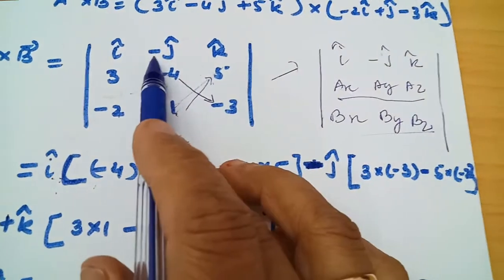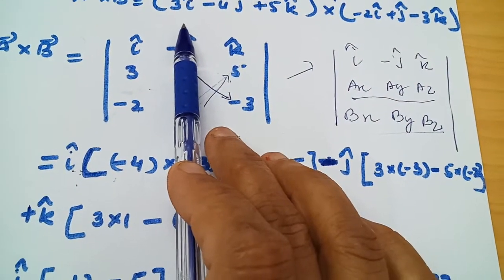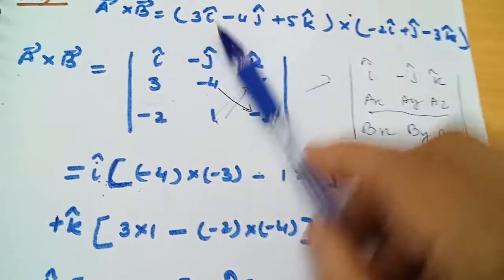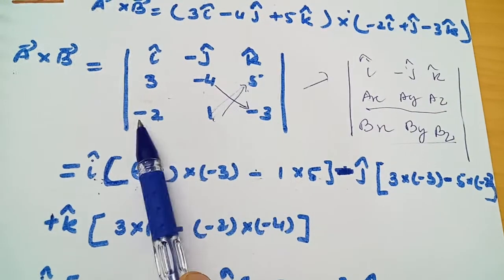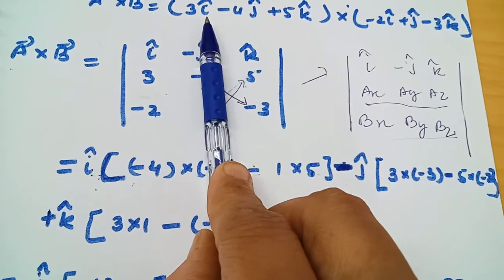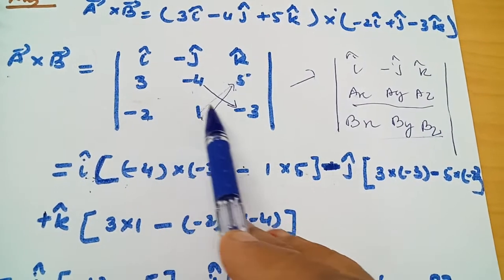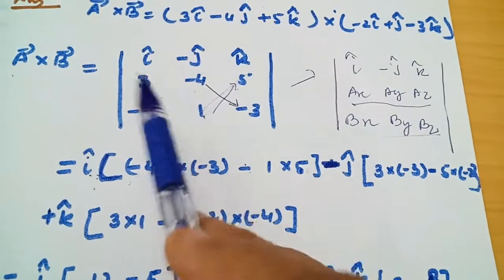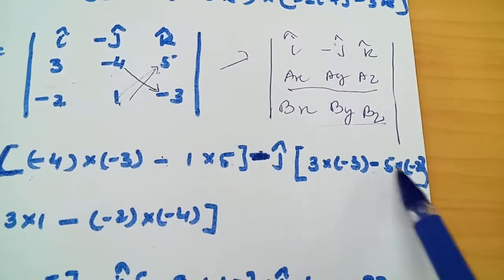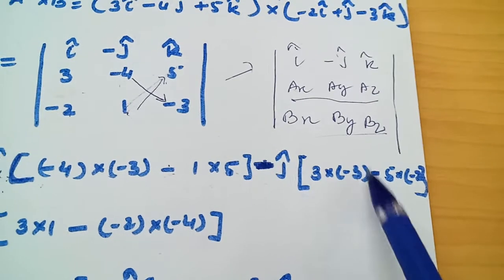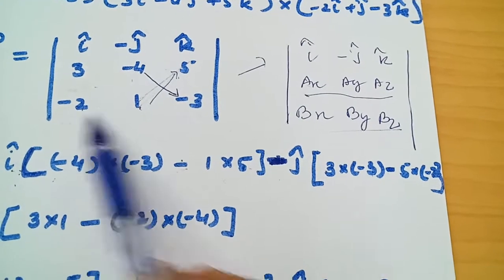Now take minus j. You close this row and this column, so only the terms whose product you take remain: 3 and minus 3, minus 2 and 5. The sequence of the multiplication is again like this: 3 multiplied by minus 3, then the minus sign, then 5 times minus 2.